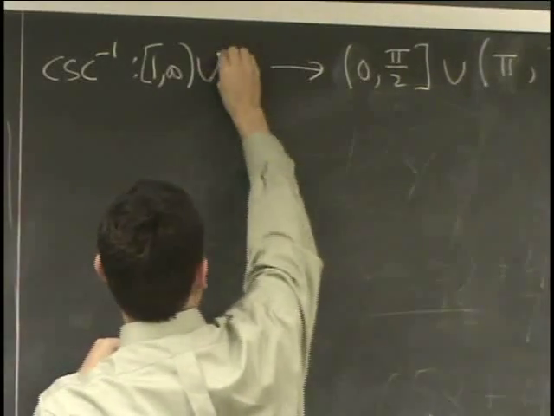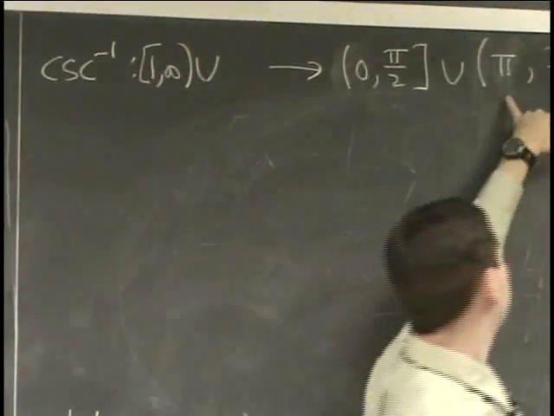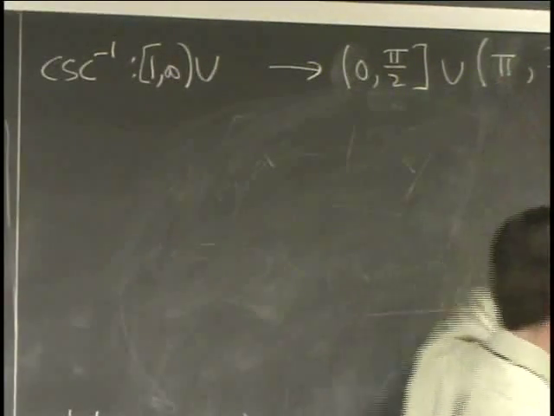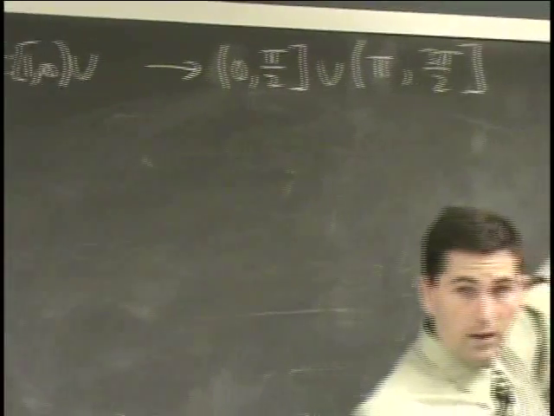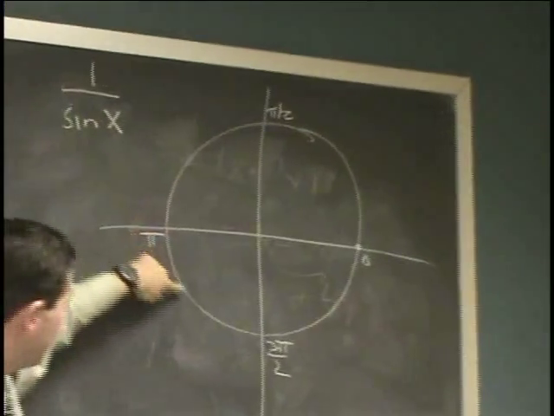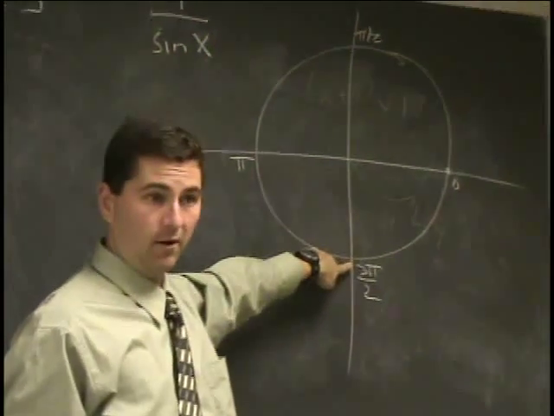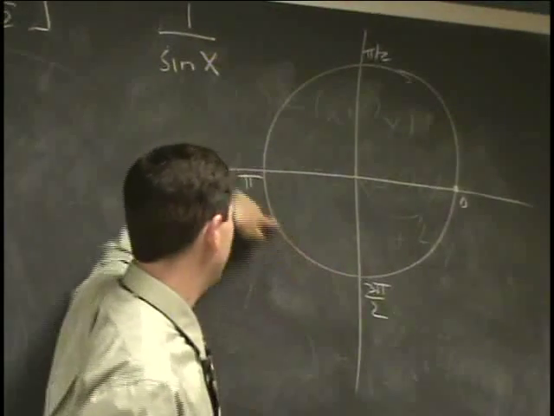Now, what about on this part? Well, between pi and 3 pi over 2, sine is again 0 at pi, and it goes down to minus 1 over here. So it's always negative in this range.